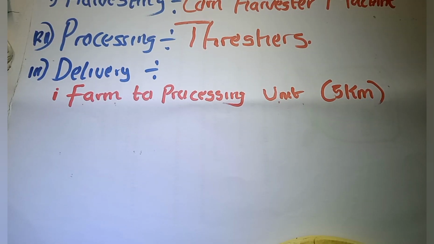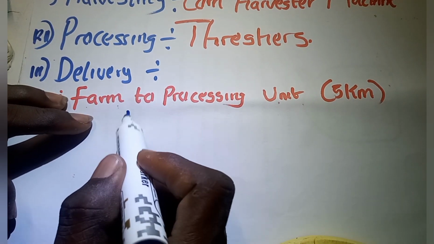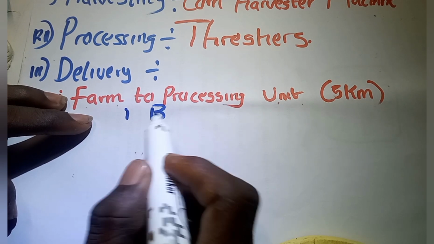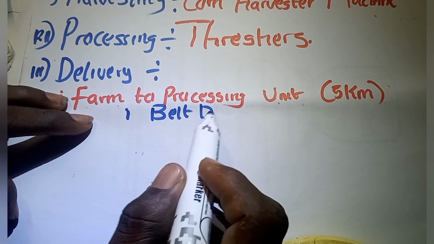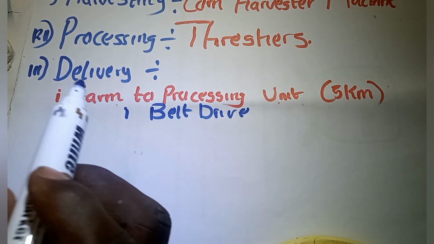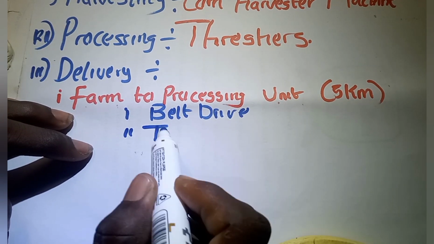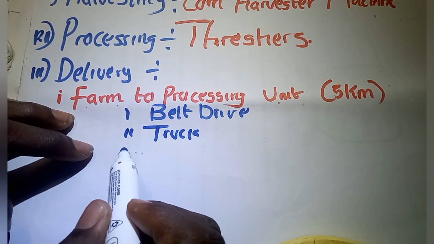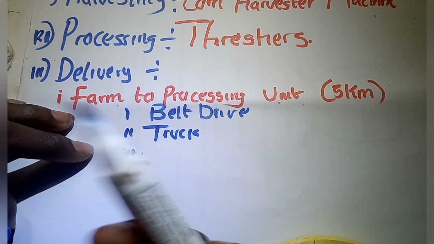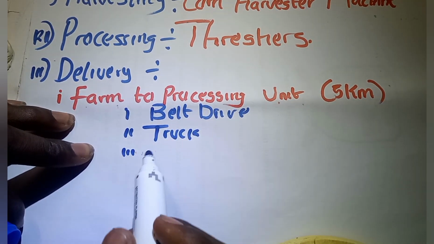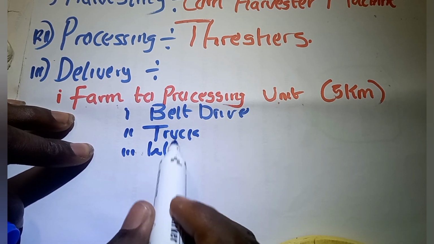For this now, I'm going to be having what? I can make use of belt drive. I can make use of the truck. What's another thing I can make use of? Quickly think. I can make use of wheelbarrow also.